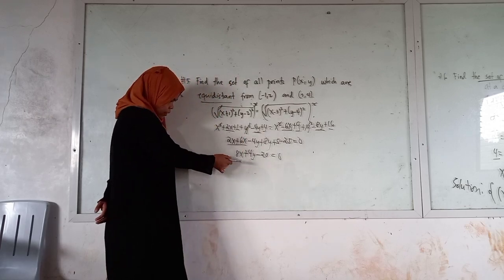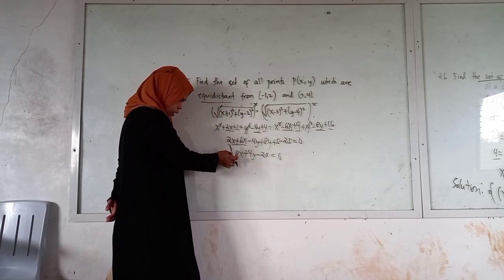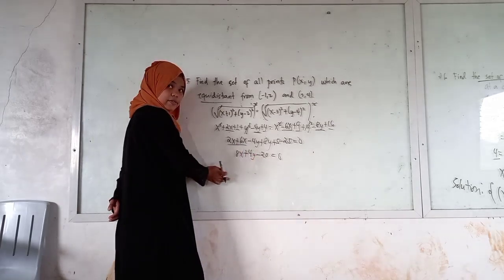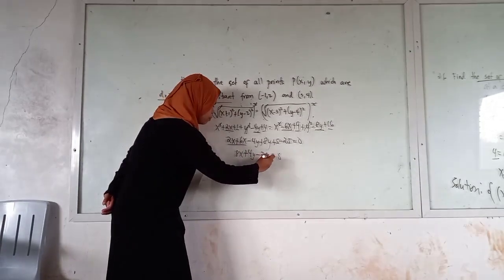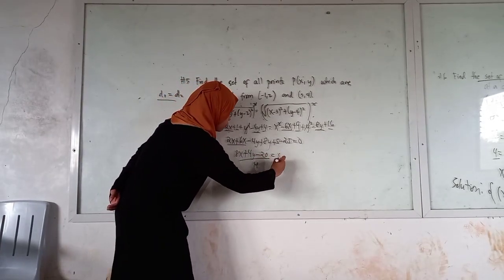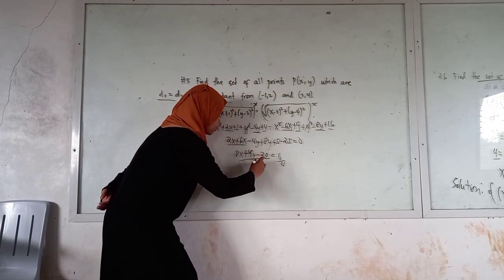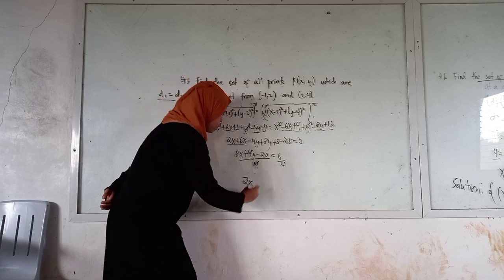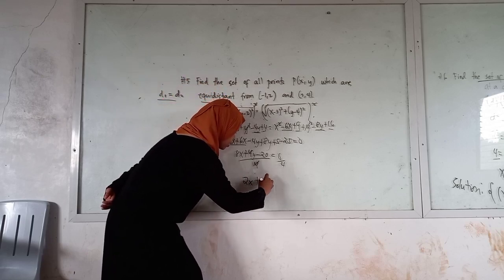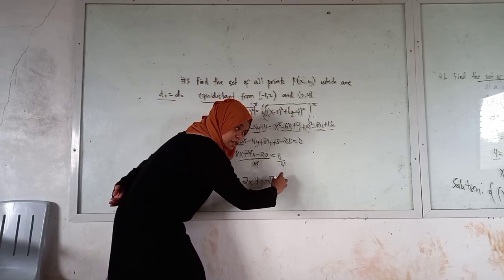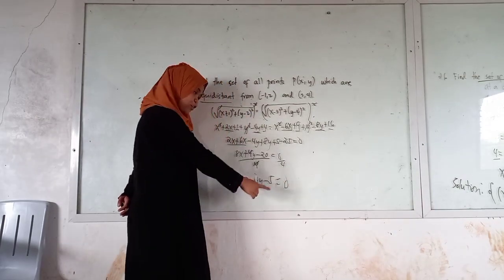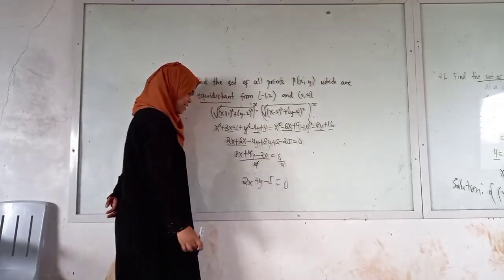So, by observing this equation, makikita nyo na may GCF sila. Lahat sila divisible by 4. Tama? So, I have 2x, and then makakancel yung coefficient ng y. So, matitira na lang ay y. So, negative 5 is equal to 0. Divided by 0 divided by 4 is 0.